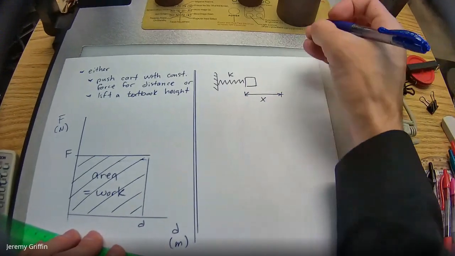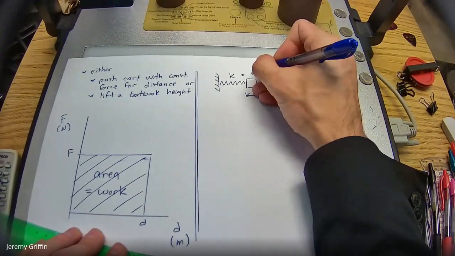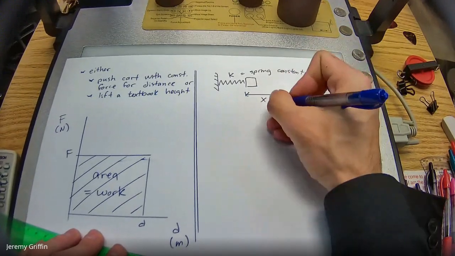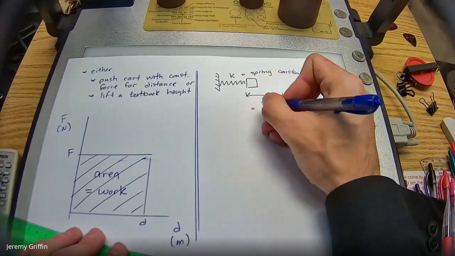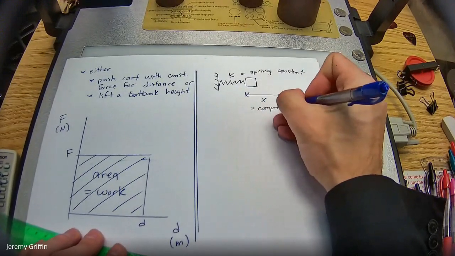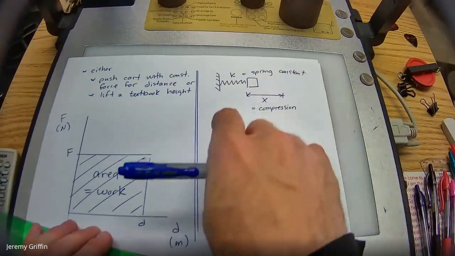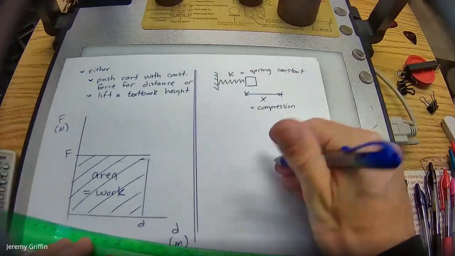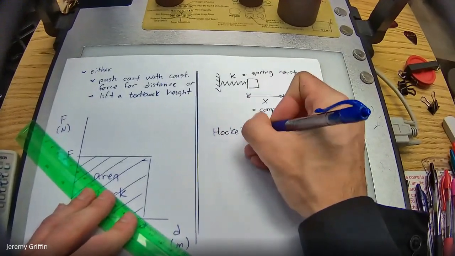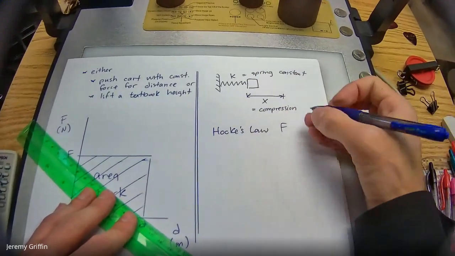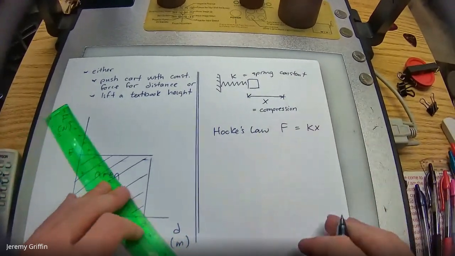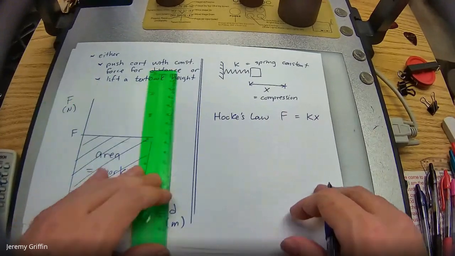So k is the spring constant in newtons per meter, and x is the compression, how much you compress that spring. Or it could be stretch. If you stretch a spring, then this would also work. You guys remember Hooke's law? Hooke's law says that the force to compress the spring is equal to kx. Some textbooks say negative kx, a matter of perspective.